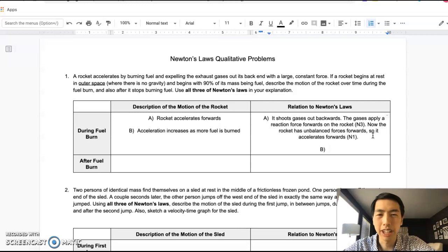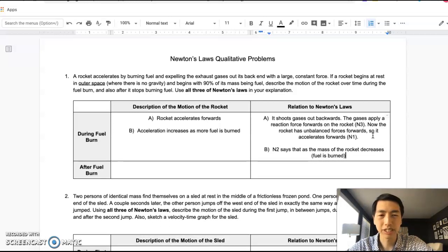So the relation to Newton's second law, I'll say N2, Newton's second law, says that as the mass of the rocket decreases, because fuel is burned, the acceleration will increase. All right, so that's what happens during the fuel burn.